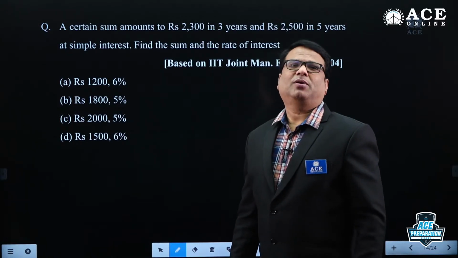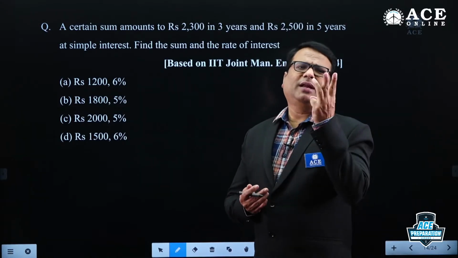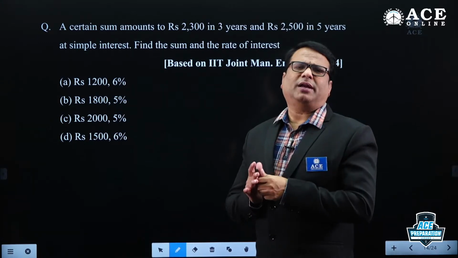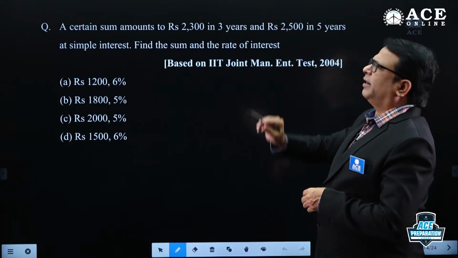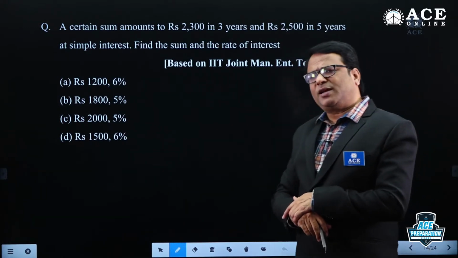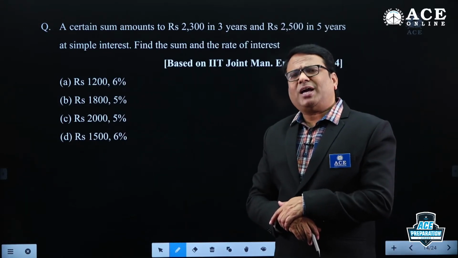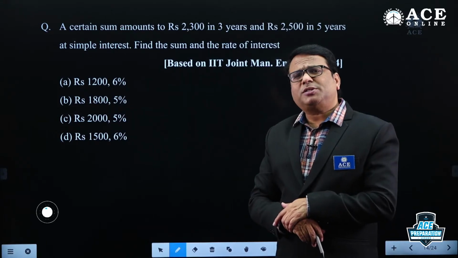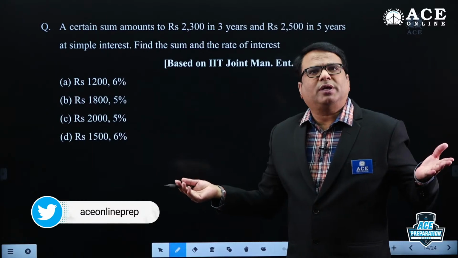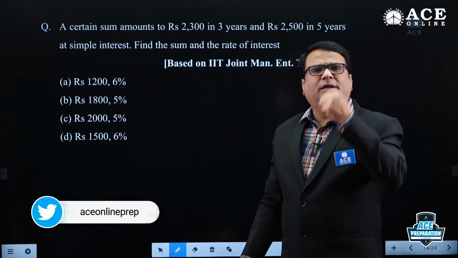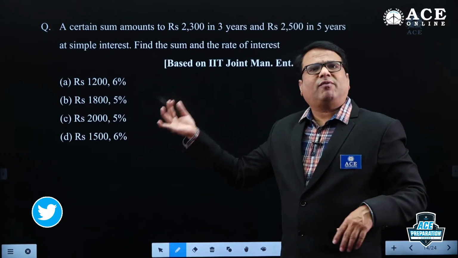That's the question. Okay. Now, in 3 years, it is becoming 2,300. In 5 years, it is becoming 2,500. Why is there a difference of 200 rupees in the two amounts? Because there is a difference of 2 years. The first amount is given for 3 years and the second amount is given for 5 years.